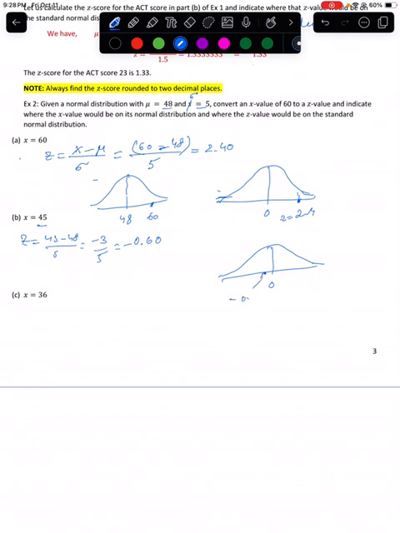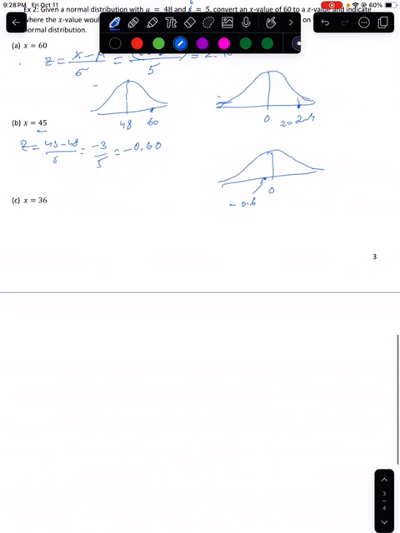C part, so it's x is equal to 36. So again, z is equal to 36 minus 48. So you can see this is going to be further away on the negative side than the previous one, because the difference between the x value and the mean is bigger.